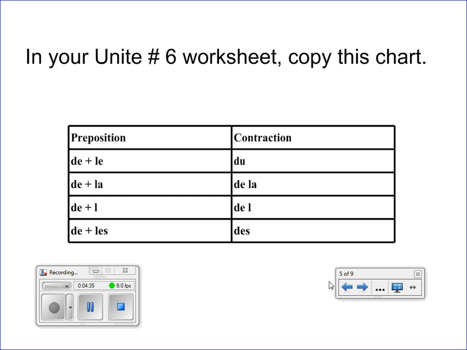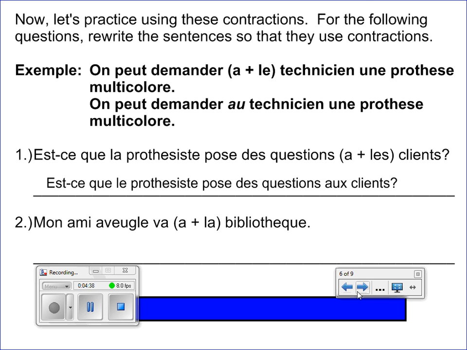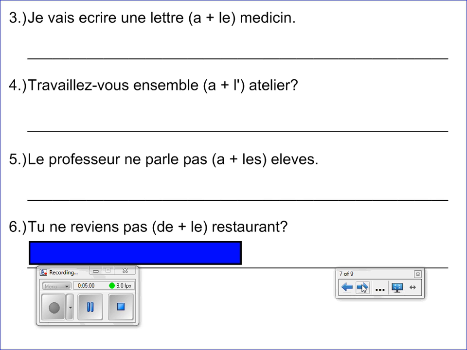Est-ce que le prothésiste pose des questions au client? So à plus le changed to au. Okay, so now what you're going to do is put the video on pause so that you can write down your solution to the second question. All right, let's proceed.